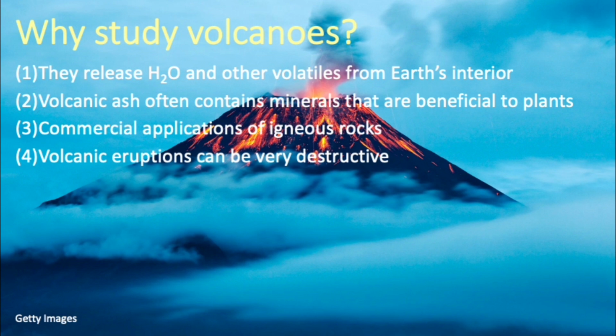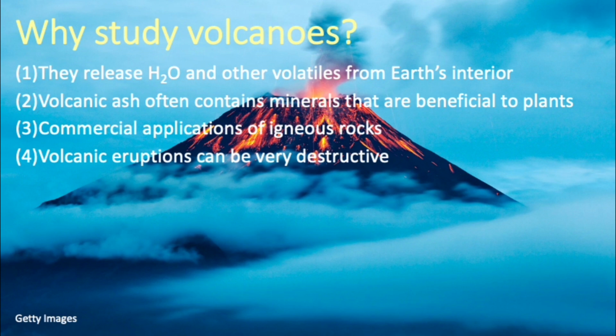So they're hugely important in allowing these volatiles to escape from Earth's interior to the surface, and obviously the Earth's atmosphere and surface water is imperative to the habitable nature of our planet. So, without volcanoes, the Earth would not be habitable, at least not to life as we know it.